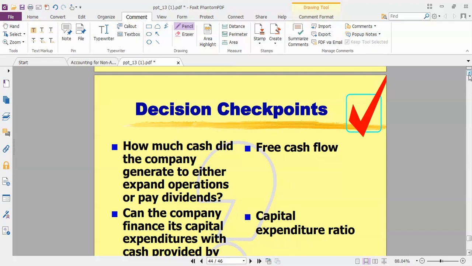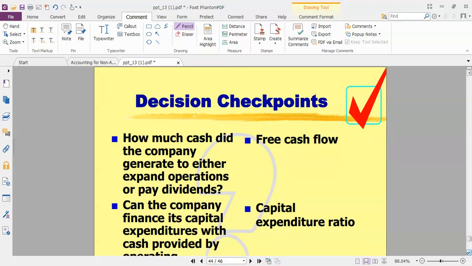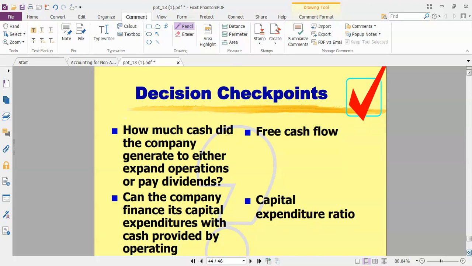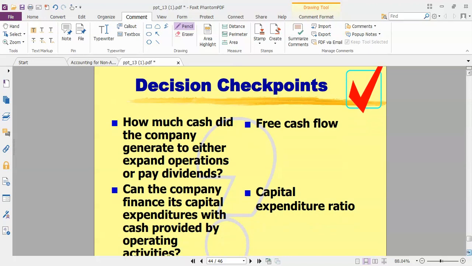Dividends we must pay to the shareholders if the company has an excess of earnings, where the net profit is higher than expenses, so that we have an excess of money that we should pay as dividends to the shareholders. So from the statement of cash flow, you can decide whether you want to expand the operation or pay dividends to the shareholders.